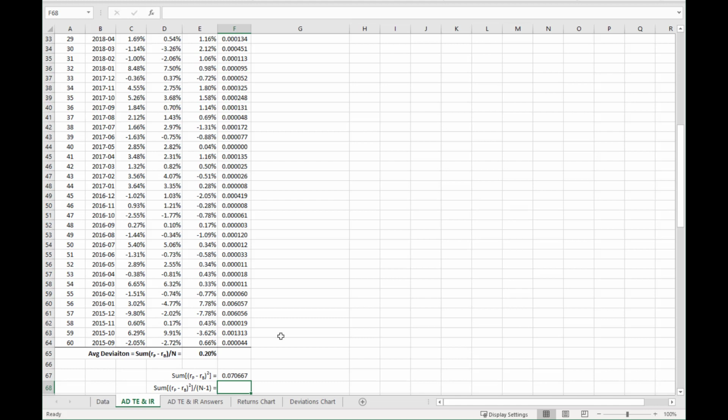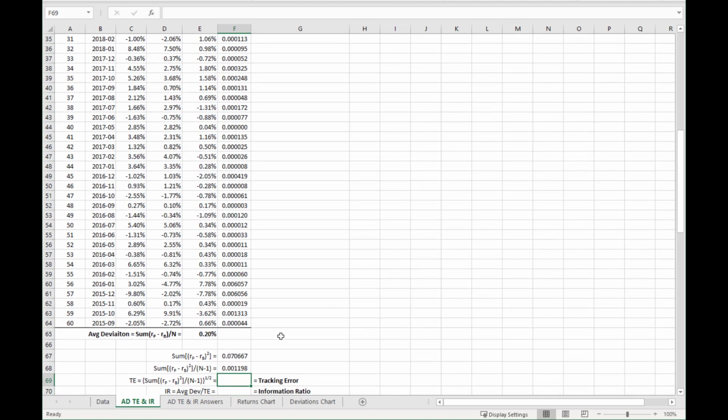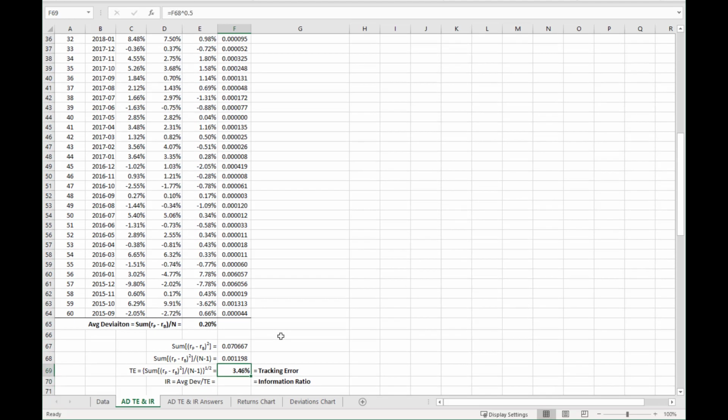And now I can take the sum of the squared deviations and I can divide by, and I know there's 60 of them, so I can divide by 59. And now I can compute the square root of the sum of the squared deviations divided by n minus 1, and that's going to give me my tracking error.